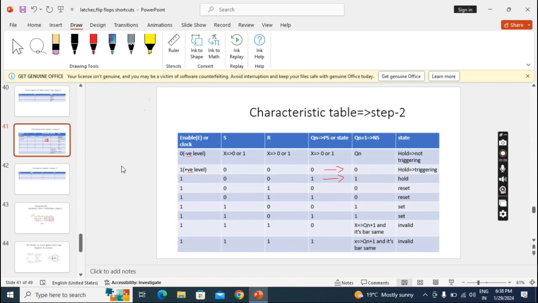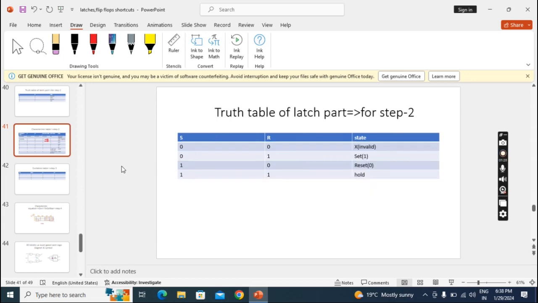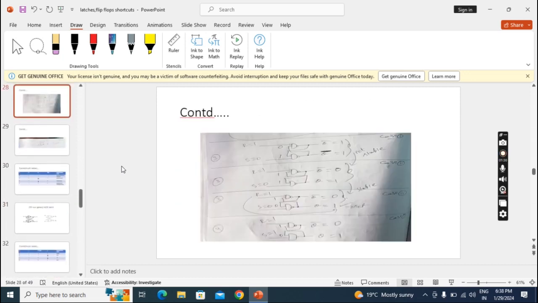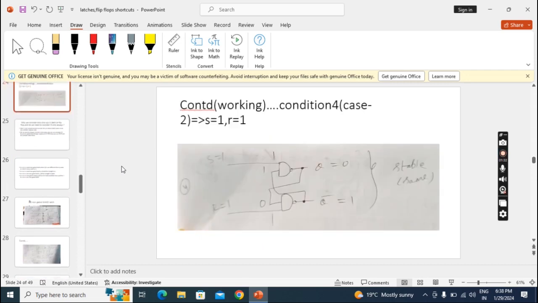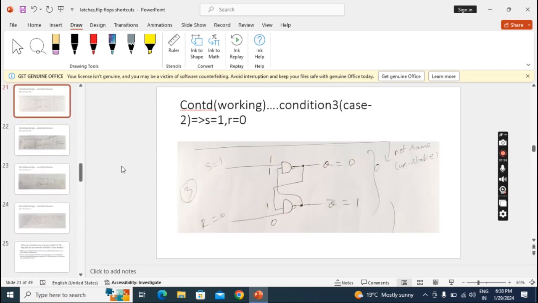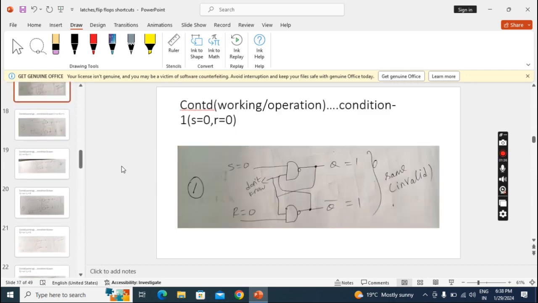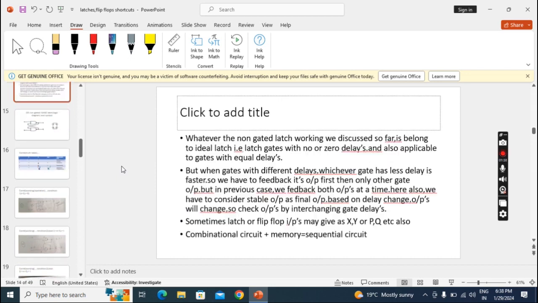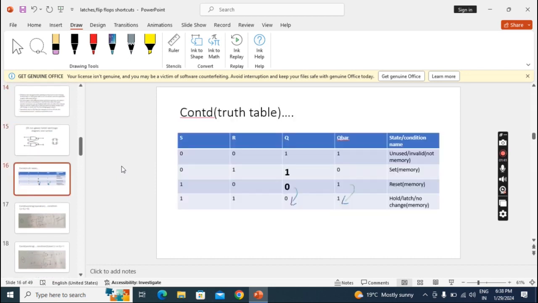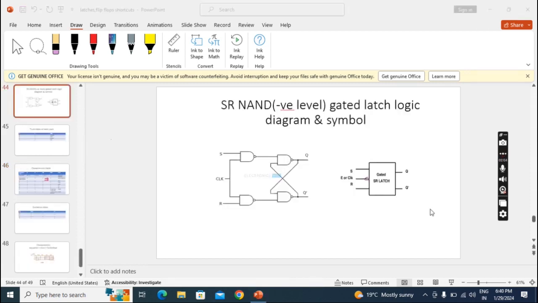But when we take hold in the non-gated latch, how it happens we'll see. This is in the gated latch, but how it happens in the non-gated latch, that we'll see. See here, hold is happening from top to bottom like this. But we need not remember right to left or top to bottom like that. I am just showing. Observe the difference.